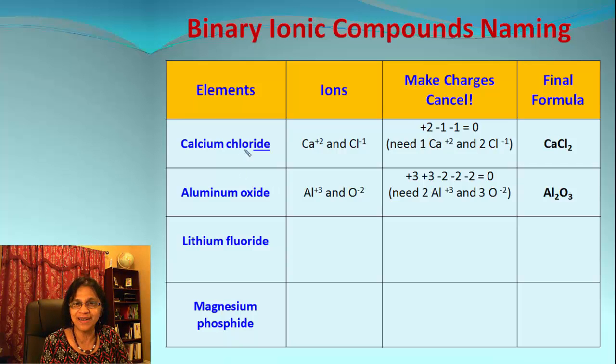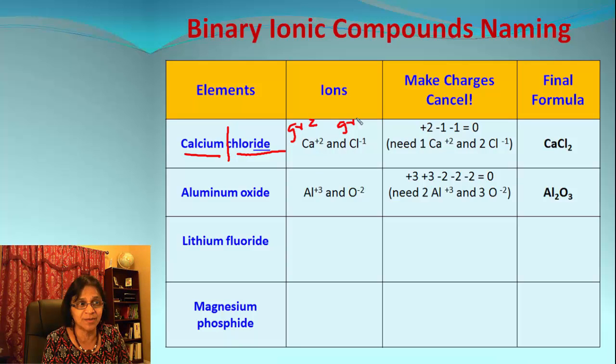Here is the chart for binary ionic compound naming. Let's look at the first one. This is calcium chloride. Calcium is the first name and chloride is the last name. It ends with "ide", so the element is chlorine and the ion is the chloride ion. Now how do we get these ion charges? Just by locating the elements in the periodic table. Calcium is in group 2, so the charge is positive 2.